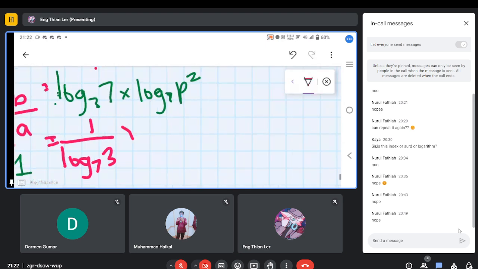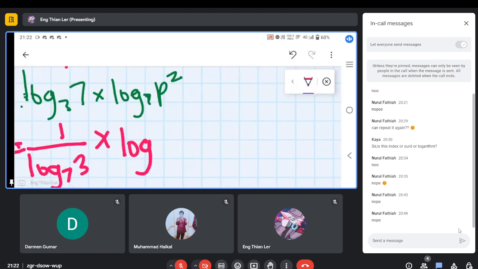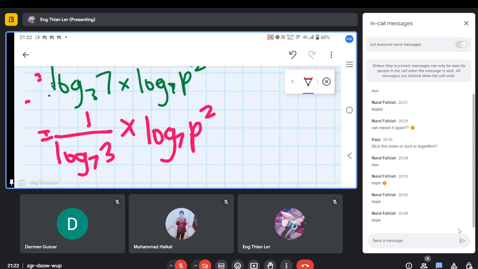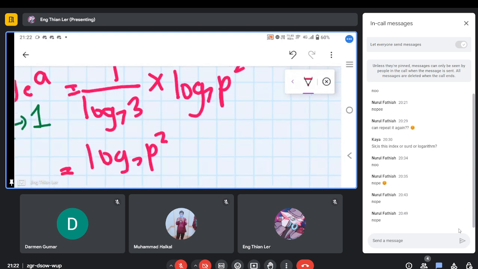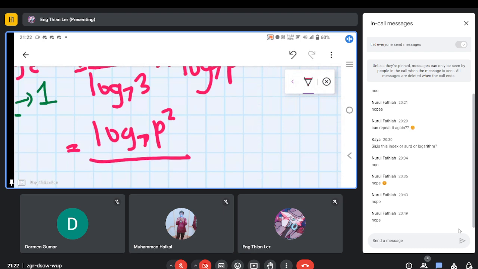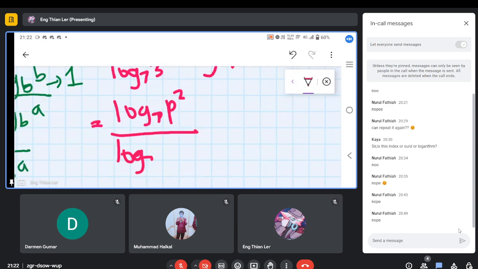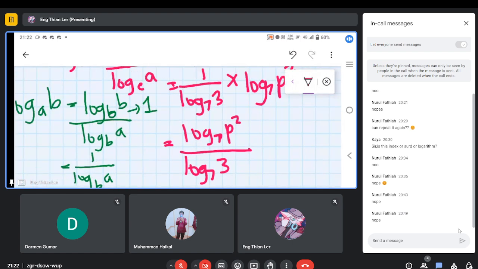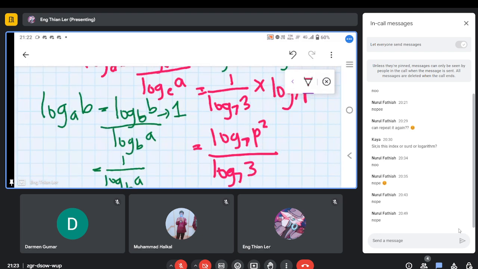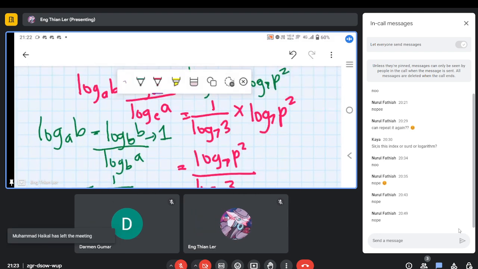Multiply by log p squared base 7. So we just multiply. So the upper part will be p squared base 7, and the below part will be log 3 base 7. So now look at this. This looks really similar to this.